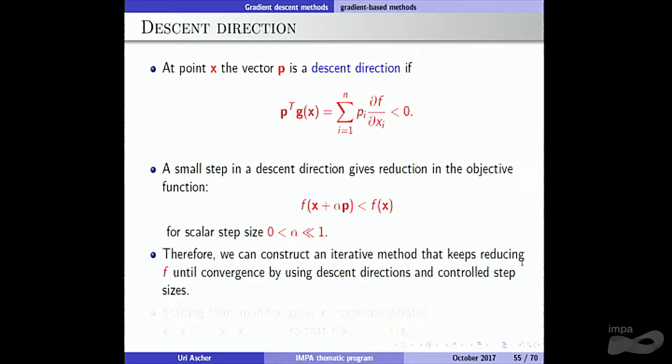If I have such a direction, then there will be an alpha small enough such that f at x plus alpha p is less than f of x. So if I start going down, then I will be lower than where I am now. So that's a basis for constructive iterative methods.